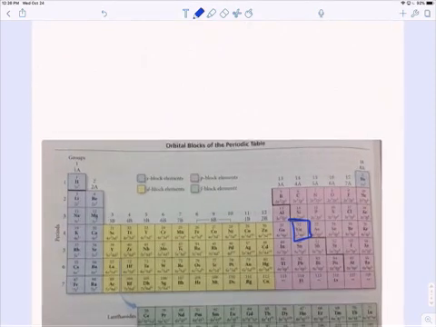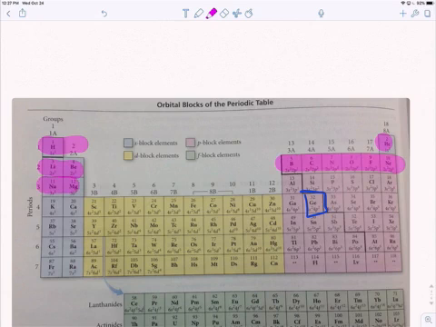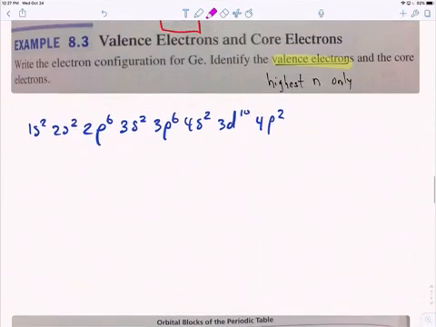And when you go through, here's the 1s, 2s, 2p, 3s, 3p, 4s, 3d, 4p, 1, 2. That's where you get that, use the periodic table.